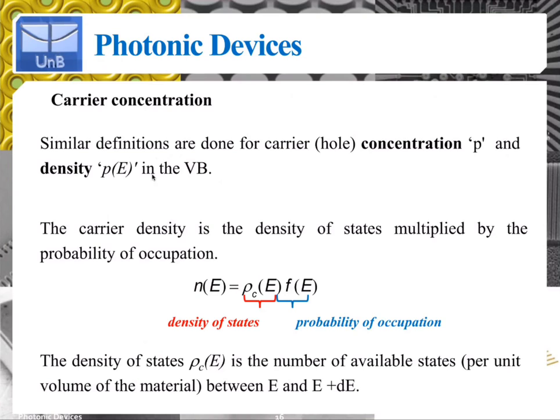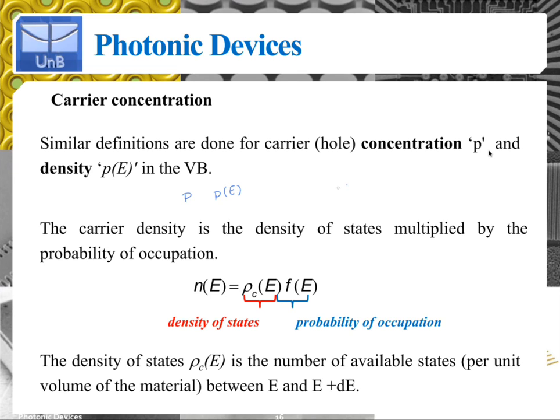Absolutely similar definitions can be made for the hole concentration P. Usually you denote the hole concentration as P and the hole density as P of E, in the same way that N is the electron concentration and N of E is the electron density, or electron carrier density.